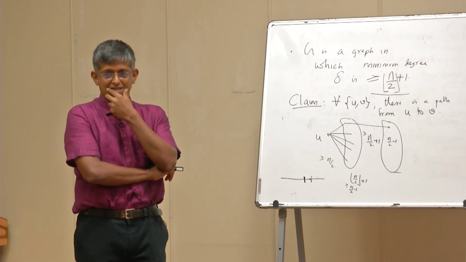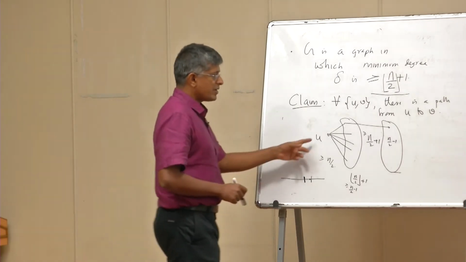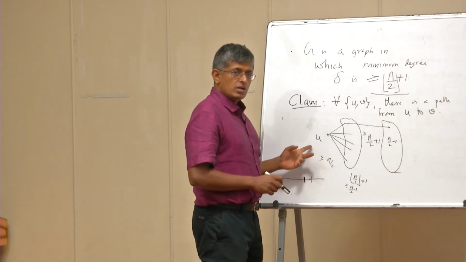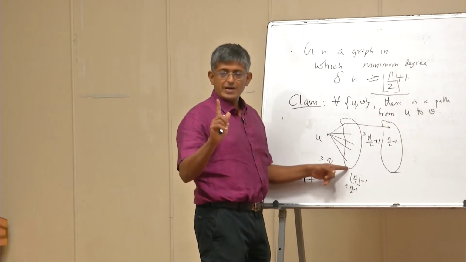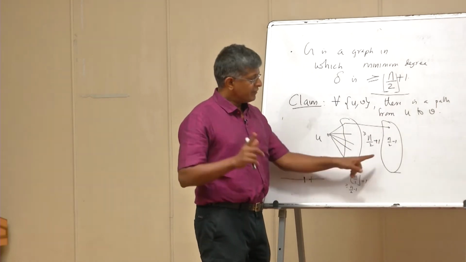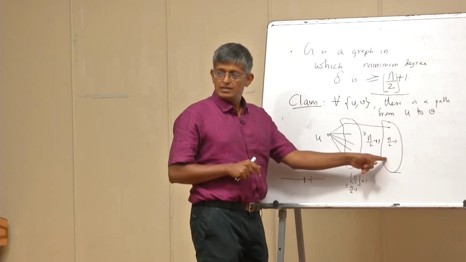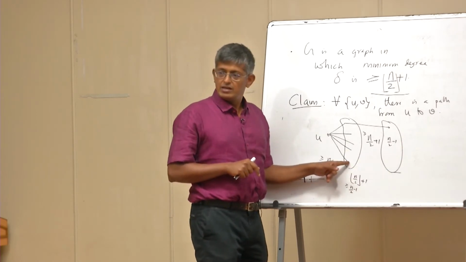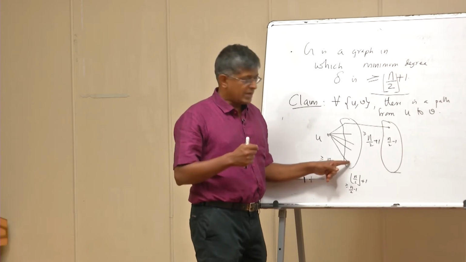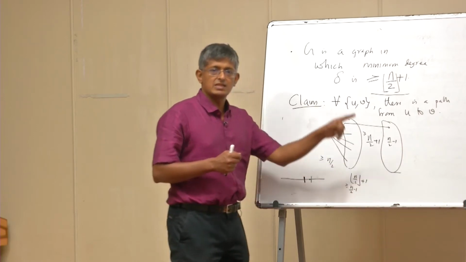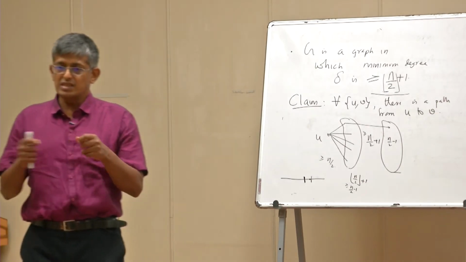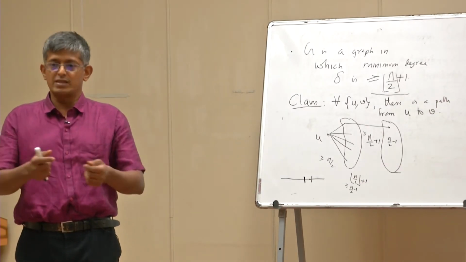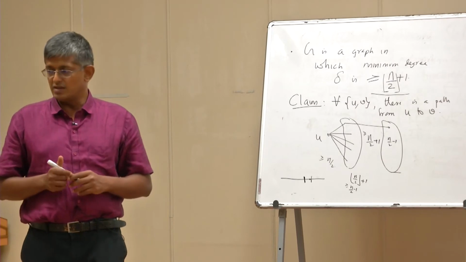Two, somebody said. That's correct, because if you look at this particular u, v could be here, in which case the path length is 1. If v is here, it should be adjacent to somebody here, therefore the path length is 2. Therefore, for any pair, within 2 hops or 2 edges, you will get to the other vertex.